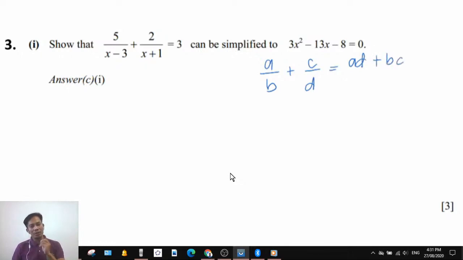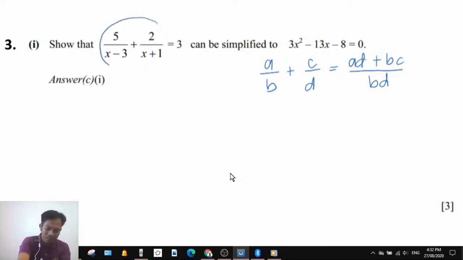As soon as you have made it a single fraction, then you can cross multiply the means and the extremes. Remember, 3 here is over 1. So let's proceed with that.